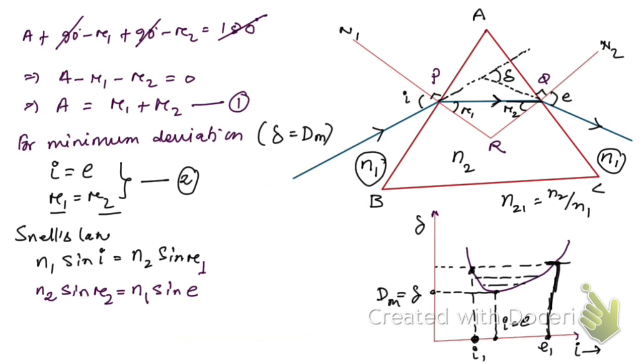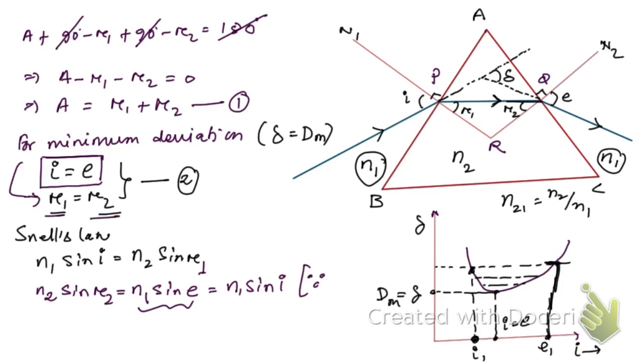Now you see, we know that for minimum angle of deviation I should be equal to E. So in that case, this term and this term must be equal because I equal to E, right? So we can replace this by n1 sine I, because we are going to show that in case of minimum angle of deviation r1 must be equal to r2.